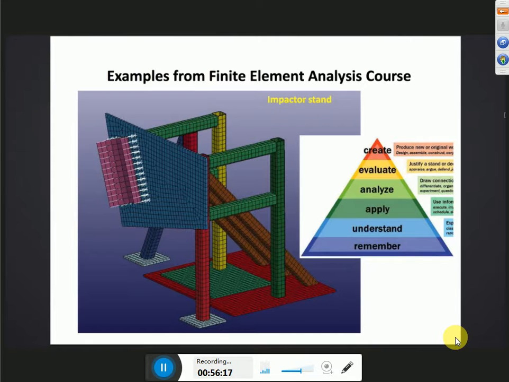Now these are some of the examples from FEA, finite element analysis. This is just a CAD geometry. We built what's called an impact tester for testing dummies. We have a crash safety lab that required a design of this. So a student expressed an interest to design this for the FEA class.